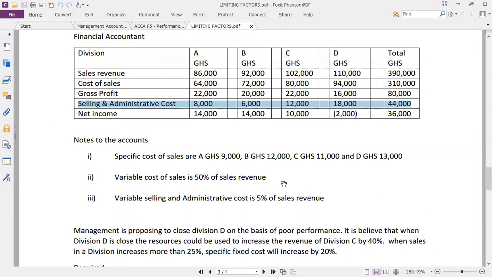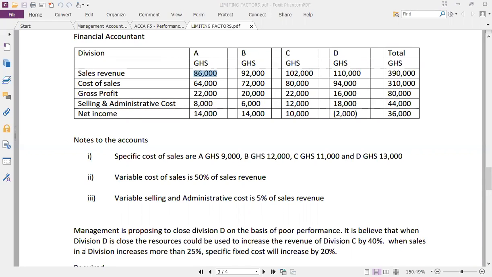Okay. So kindly, I'll test for only A. Kindly find 5% of the sales for A. Then you compare it to 8,000. So 5% of 86,000 will be 4,300.